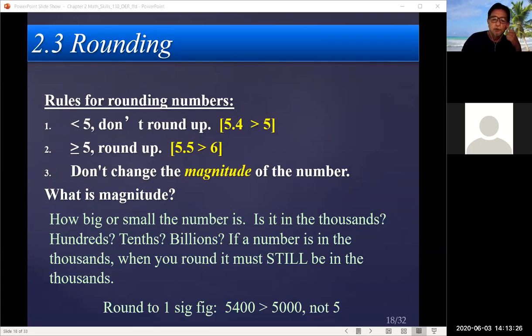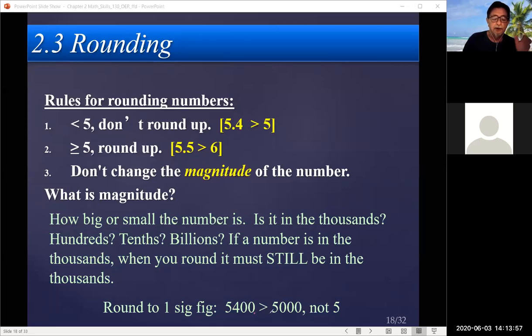No problem. Okay, where are we at? All right, so taking that number down at the bottom, 5,400. The magnitude, you're in the 5,000 range, okay? So when you round your number, you don't want to drop everything before the decimal point. What do I mean by before the decimal point? If this 5,400 had a decimal point, it would go right there.